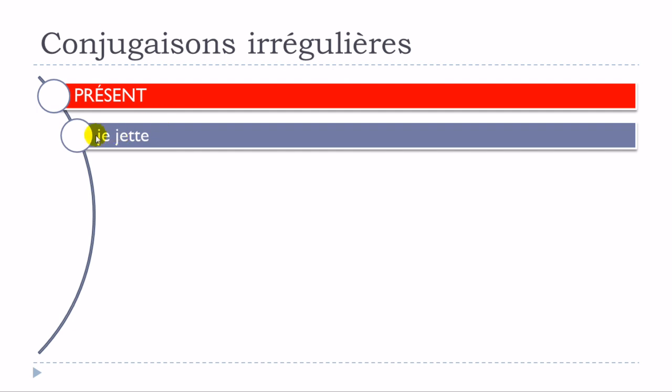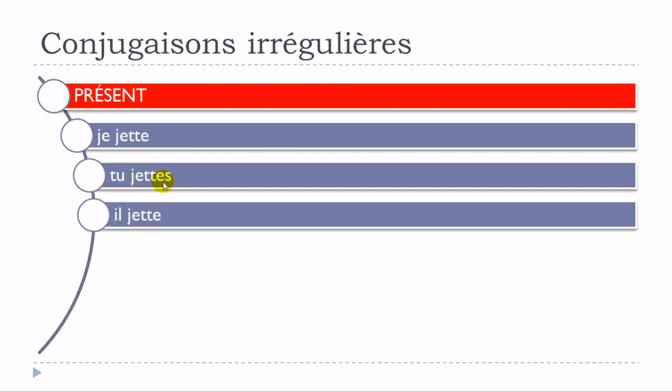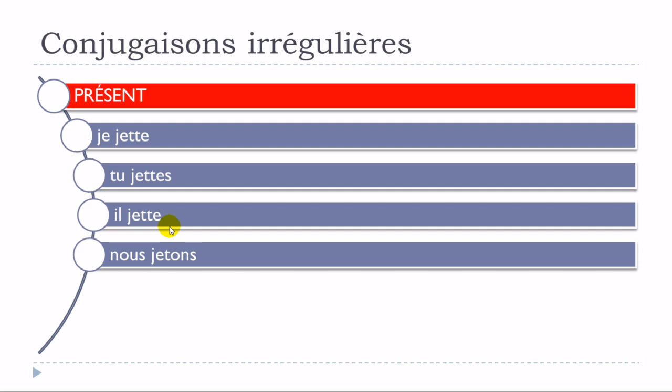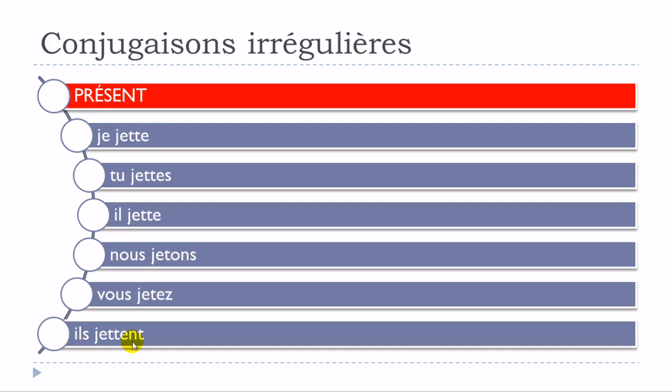It goes like je jette, tu jettes, il jette, nous jetons, vous jetez, and then ils jettent. So what we can see here is that je, tu, il, and ils will be affected by these changes, and the only change you have to make is to double the t.